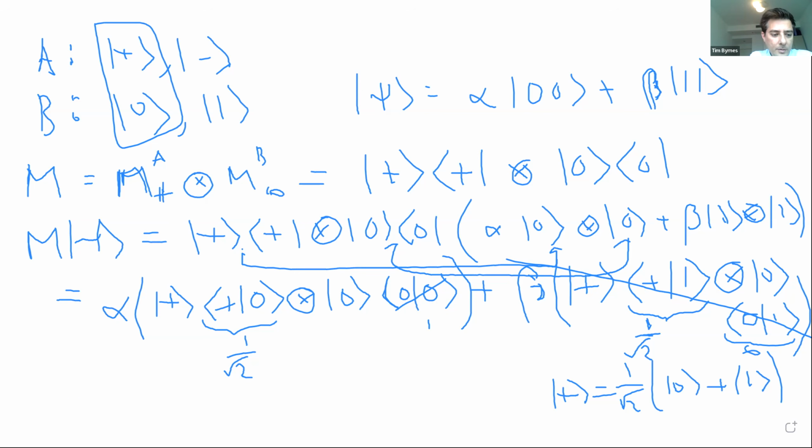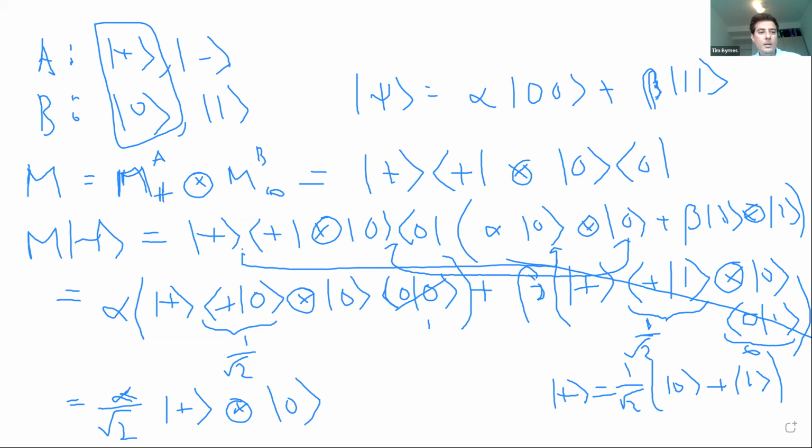And we can just collect the terms here. We've got 1 over root 2, we've got 1 here, and then alpha, so it just becomes alpha over root 2, and then the plus state tensor product with 0. So basically, the thing that you get at the end is just the plus state and zero.